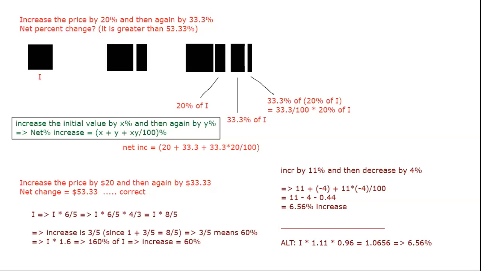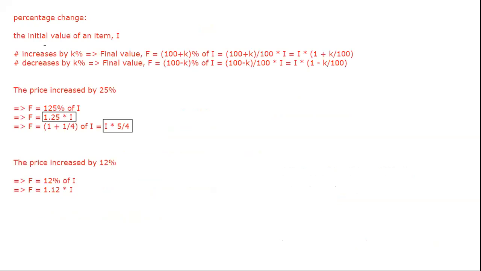Is that okay? Sir, can you explain the second method? What, this 1.11 times? Yes. So 11%, this is, I am going back to this, what I had started off with. Oh, no, not that one.